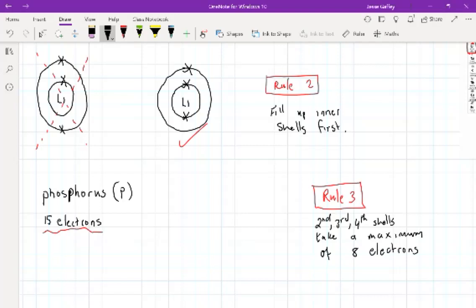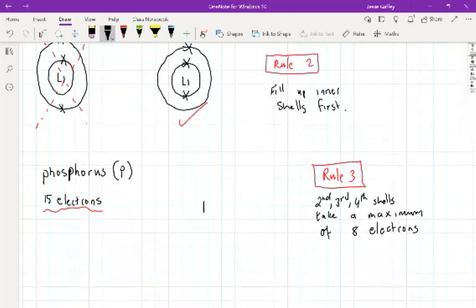Now, rule 2 still applies. You still have to fill the second shell before you can start filling the third shell, and you have to fill the third shell before you start filling the fourth shell. But these shells can hold a maximum of 8 electrons. So let's check this out then.